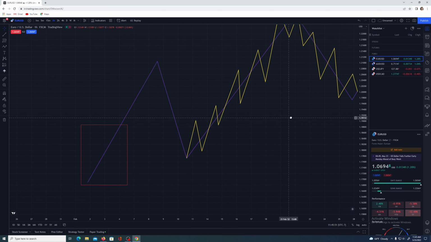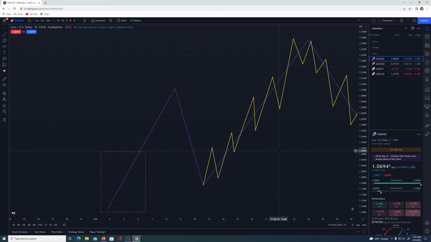So we said that what we do in supply and demand is follow the direction of one trend. First of all, you need to go into a pair and choose and study the pair.